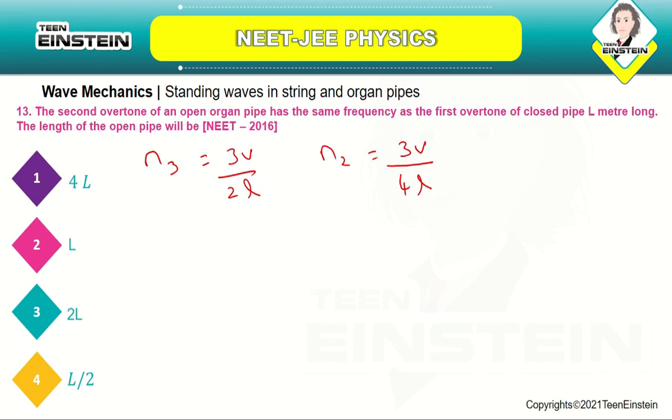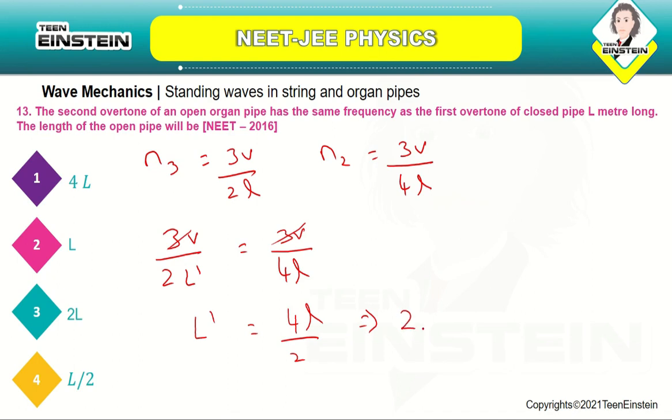So this will become 3V by 2L dash is equal to 3V by 4L. Okay, so you want to find the value of L dash. So L dash will become 3V, and 3V will get cancelled. It will become 4L by 2, or it is 2L.